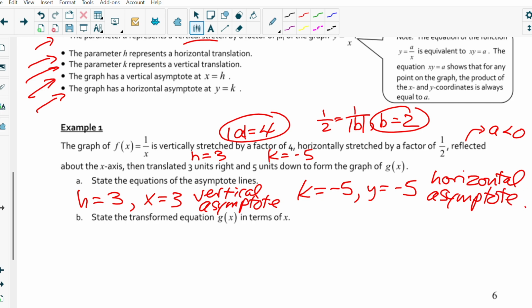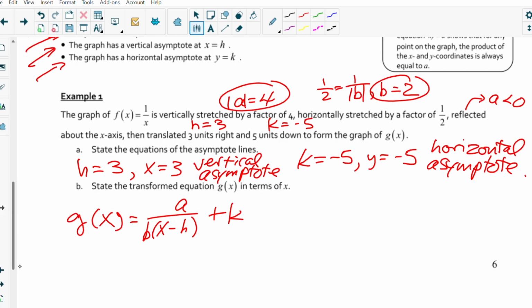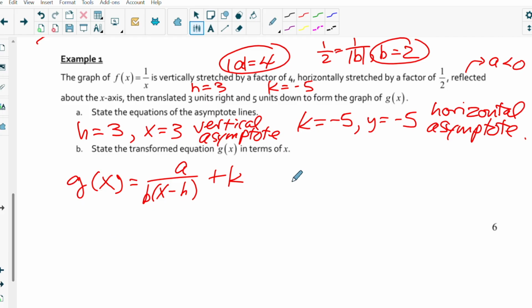Okay, and let's state our equation g of x in terms of a over b times x minus h plus k. Okay, and then we have all our a, b, h, k values. So g of x equals a is -4, b is 2, x minus h, which is 3, and then k is plus -5 or -5.